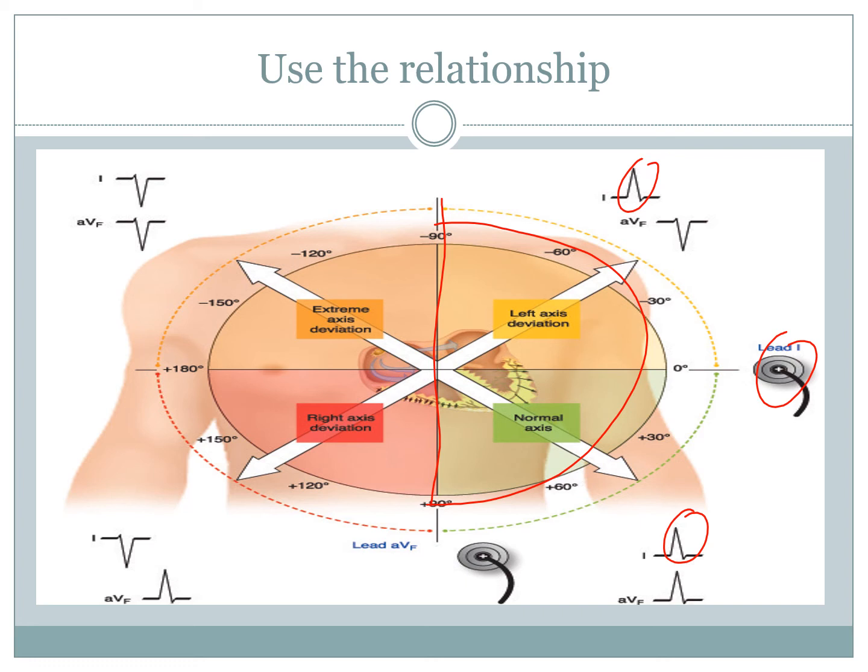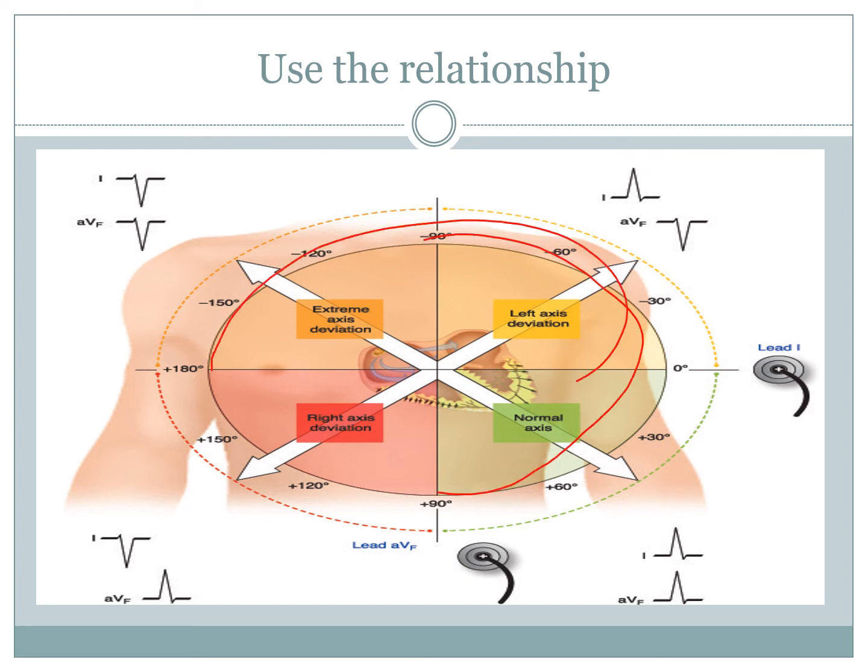That's what positive lead 1 means. Then if you look at AVF and you have a negative inflection, we have an area of the heart that is both right hand side by your perspective and top half of the circle. Where they overlap is in the negative 90 to 0, which is known as left axis deviation.